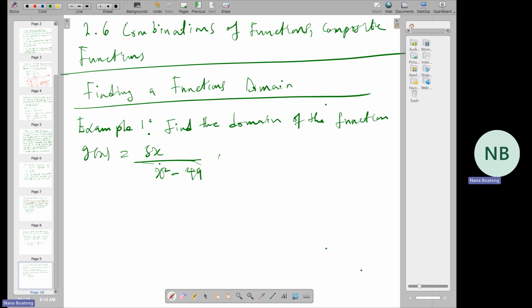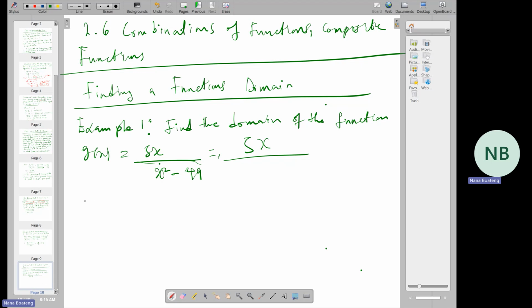So if we look at the denominator for this function, we have a quadratic form, x squared minus 49. We can factorize this by setting it to 0 and solving for x.